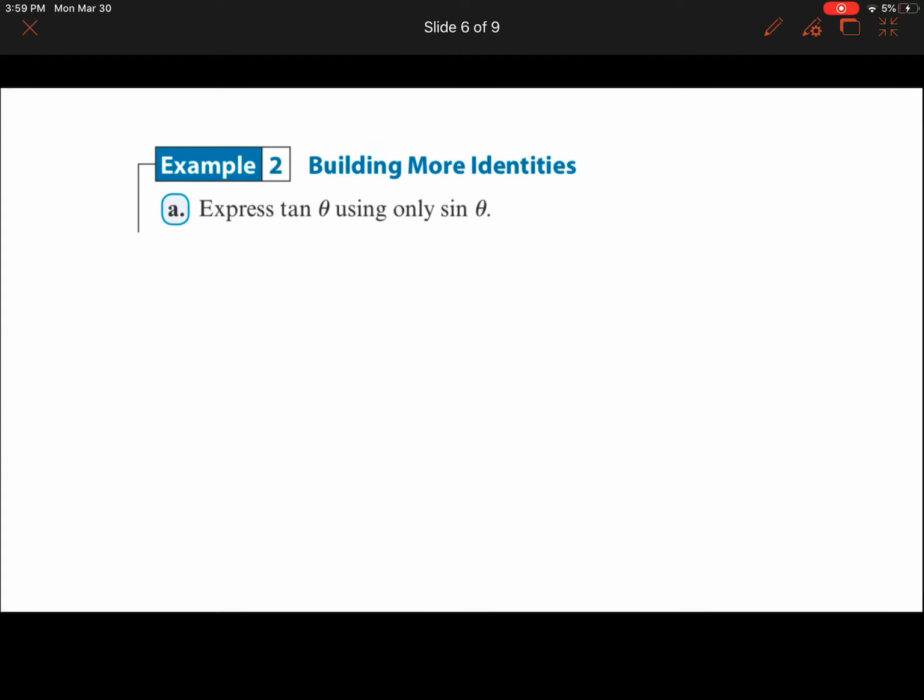Next step, what we need to do is use the tangent identity. We're going to say tan theta is equal to sine theta over cosine theta. All you're going to do is substitute in the cosine that we found in the first step.